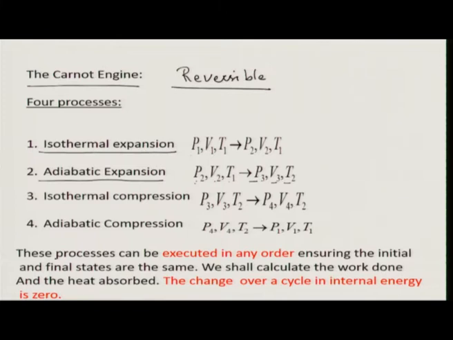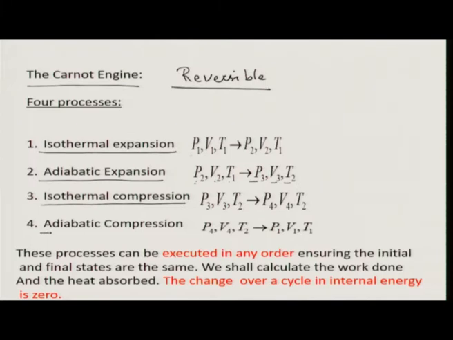Now, do an isothermal compression. So, go from P3 V3 T2 to P4 V4 T2. Isothermal, that is why temperature is kept fixed, and it is compression, so V4 is less than V3 and so on.